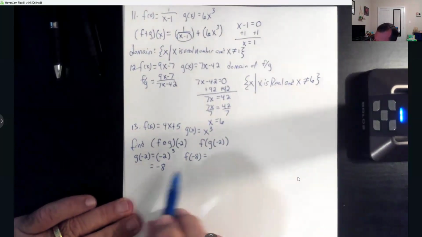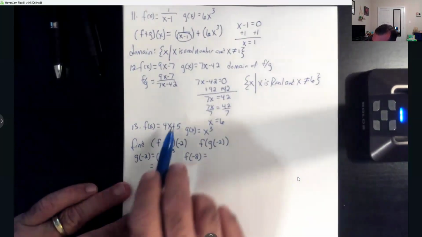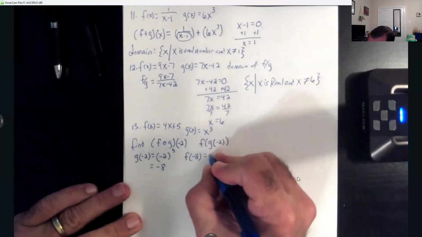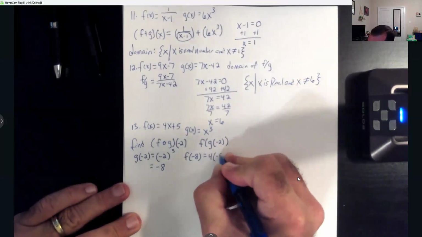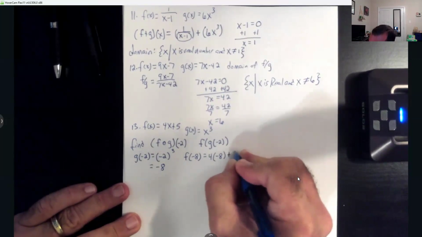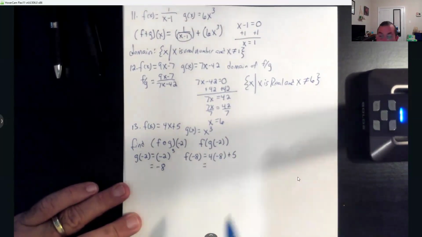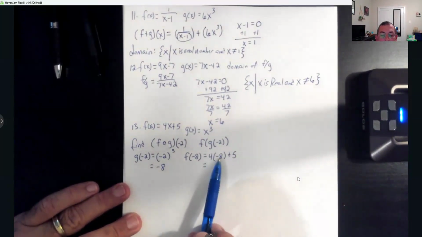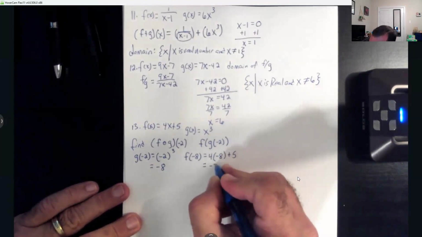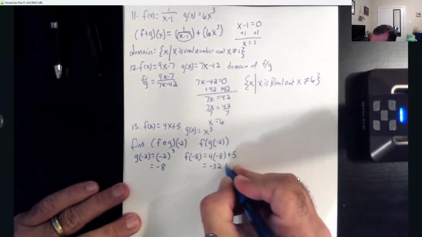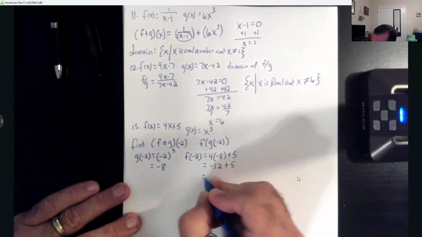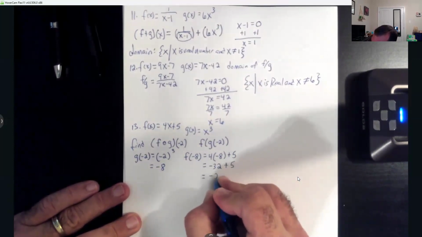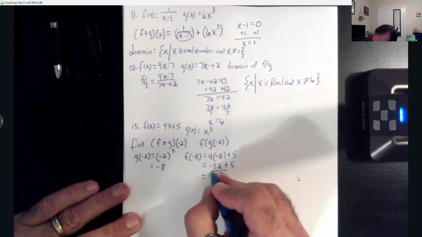Right, so we're going to put the negative 8 into our f, which will give me 4 times negative 8 plus 5. All right, y'all, so let's see. 4 times negative 8 is negative 32 plus our 5. And that's what, a negative 27.